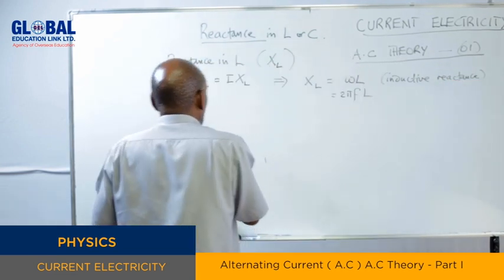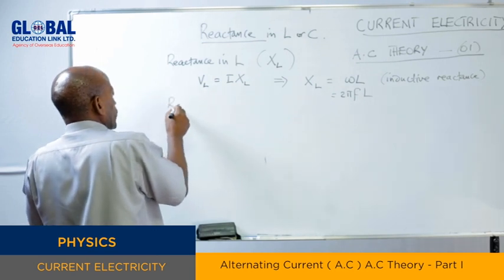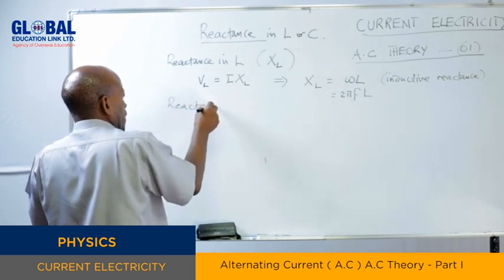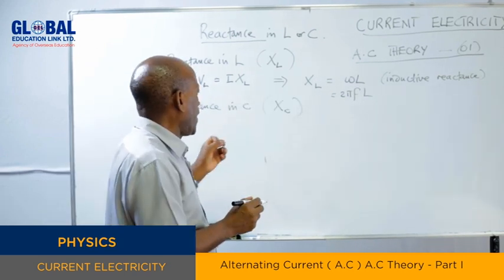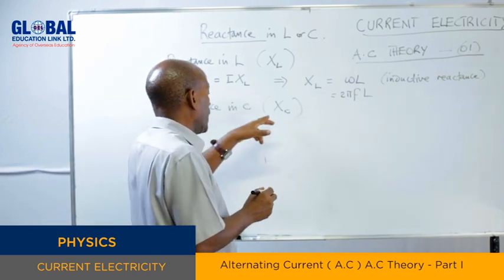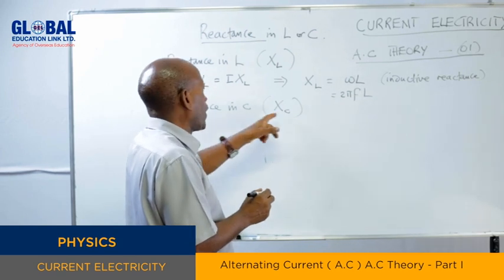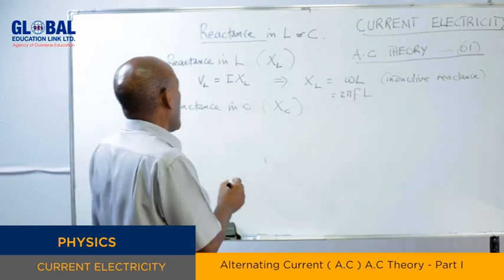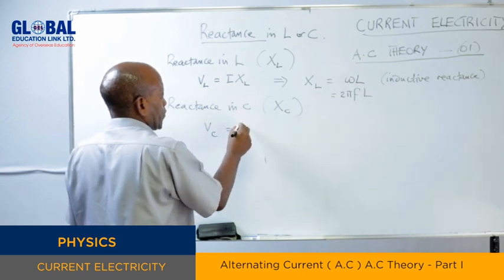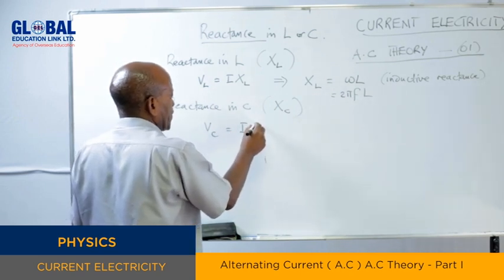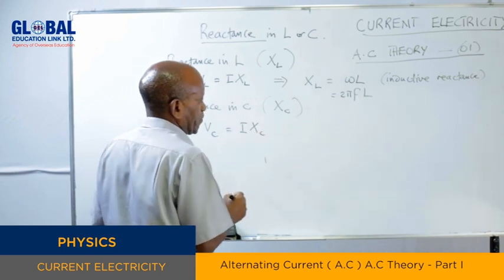But for a capacitor, we have what we call reactance. For a capacitor, we have X sub C. This is what we call capacitive reactance. The voltage through a capacitor is equal to the current times the capacitive reactance.